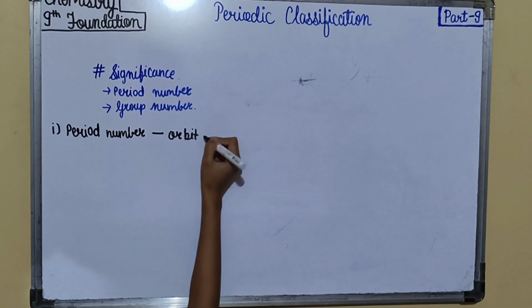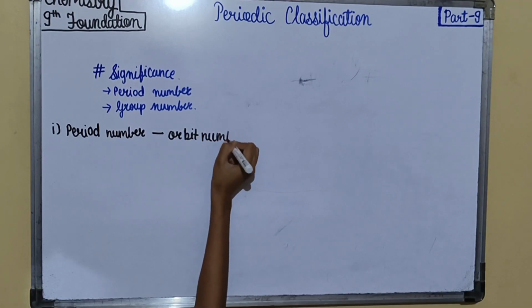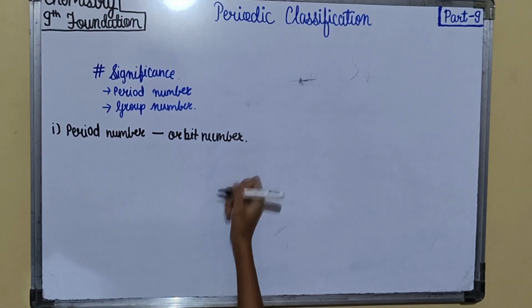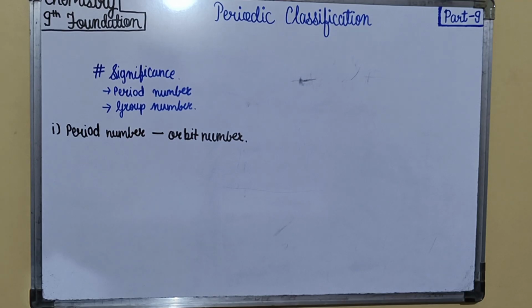The period number of an element also indicates the outermost shell number in the atom of that element. Example, sodium with atomic number 11 lies in the third period and hence its outermost shell number is 3.